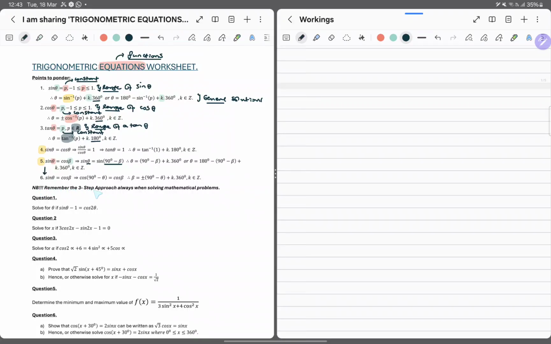Now remember, guys, our three-step approach. Remember, in maths, I don't care where you are and what level you are, when you are solving, you are literally playing around that three-step approach. Trust me, it's something very, very useful, and it helps you to not even crack your skull. It's more like learning log multiplication.